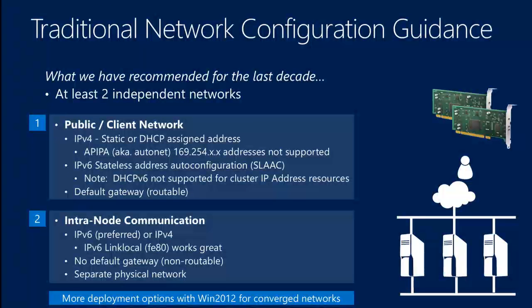Clustering will actually use IPv6 by default, and we will use these link local addresses between the nodes in the cluster. So when you go through all this effort to configure IPv4 static addresses, you're kind of wasting your time because we don't use it, because we're going IPv6 link local as long as both are bound. So in general, you can probably simplify your cluster configurations by just removing IPv4 on your private network and just going IPv6 link local. Works great.